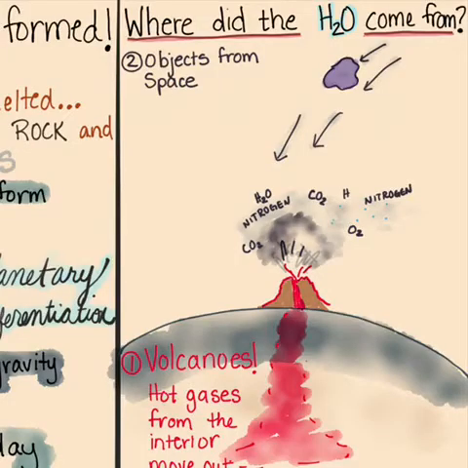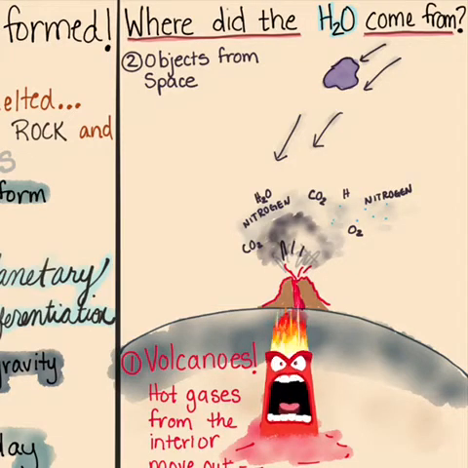So I'm hoping that one of your next questions is, where did all the water on planet Earth come from? Because we can see different planets around our solar system, and they don't have water. So where did it come from? Well, one major way is through the volcanoes. There were gases that were trapped in the interior of the Earth as it was forming.